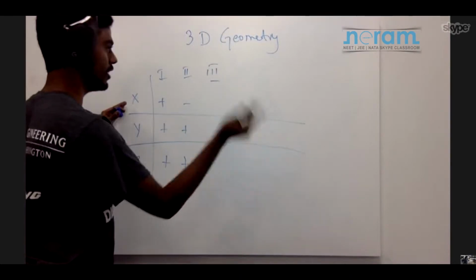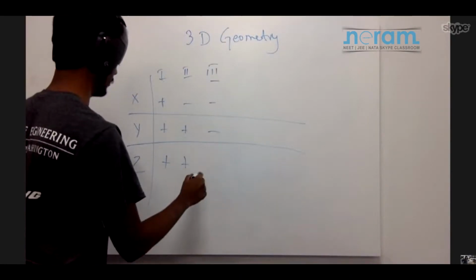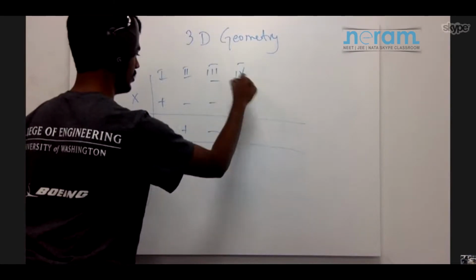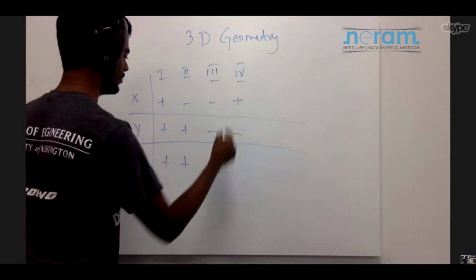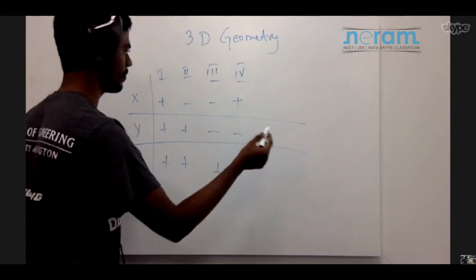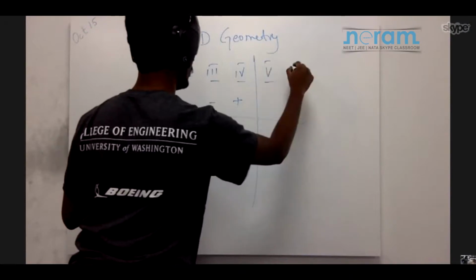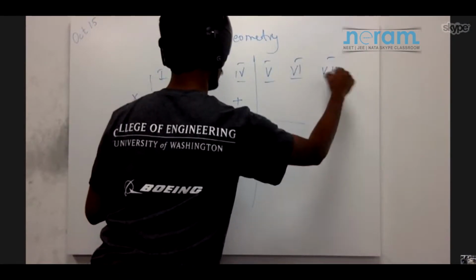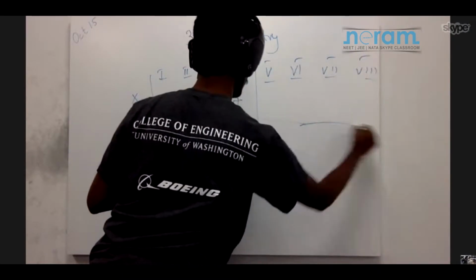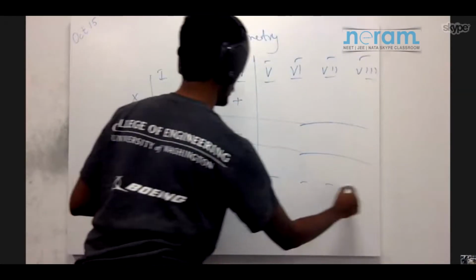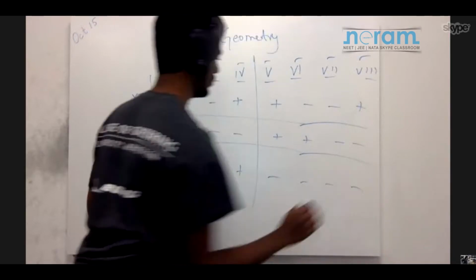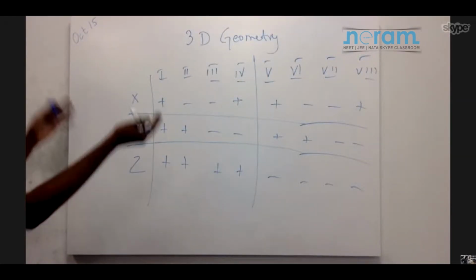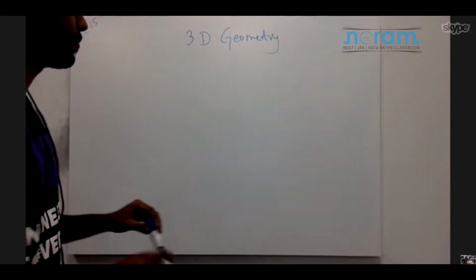Thirdல x will again be negative, y will be negative, z will be positive. Fourthல x will be positive, y will be negative, z positive. And then 5, 6, 7, 8 இதுல எல்லாமே z will be negative and same thing. This is how you tabulate it.